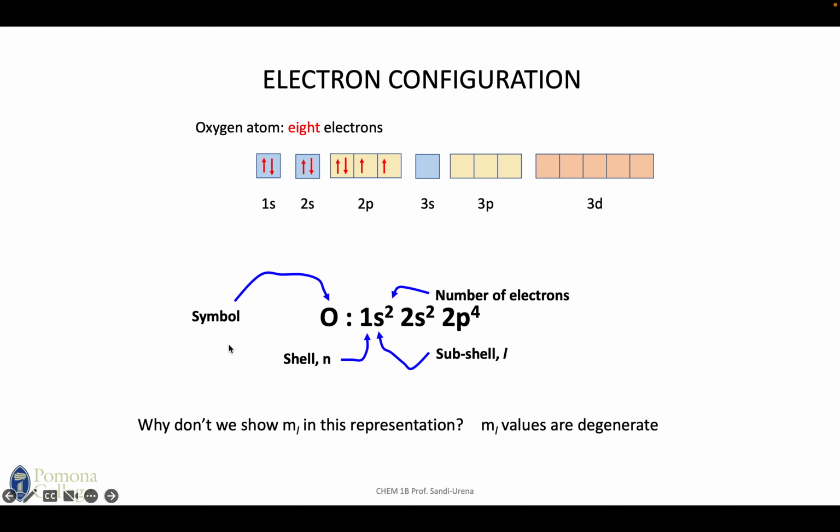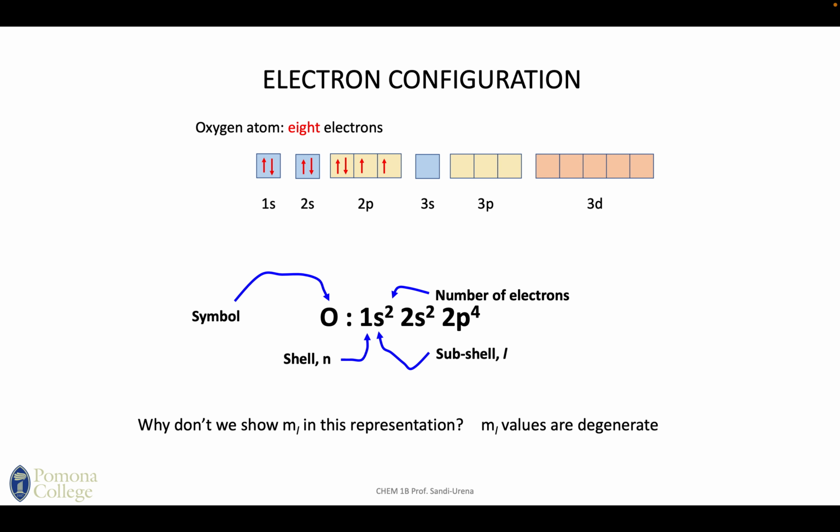We may be wondering why we do not represent some m sub L quantum number here. That is because, once again, the m sub L values are degenerate, so there's no need to represent them separately.